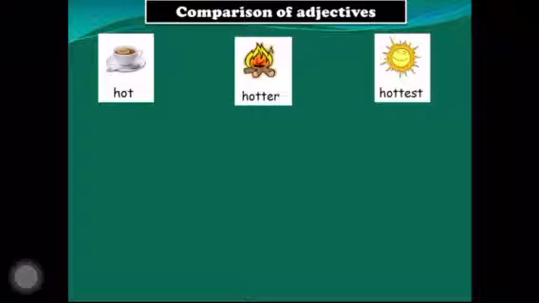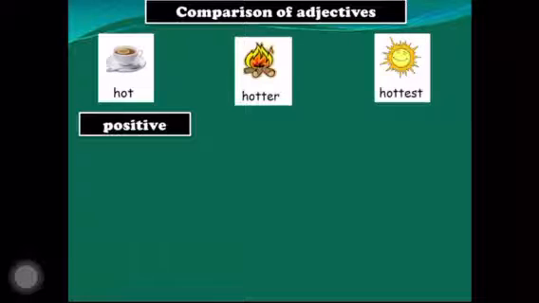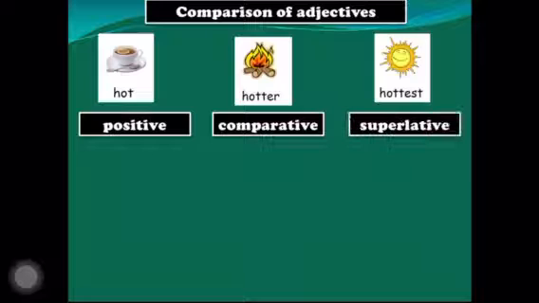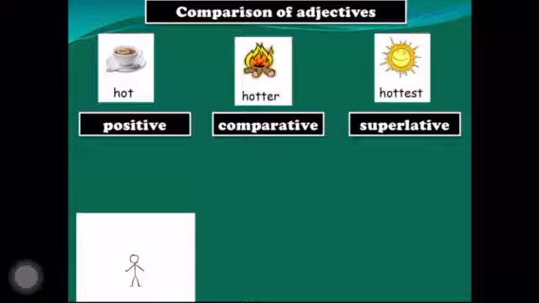The adjective in the first picture is in the positive form. But when I say hotter, this is called comparative. When I say hottest, it is superlative. When do I use the positive form of the adjective? We use it when I describe one thing, one person, one building, one animal.